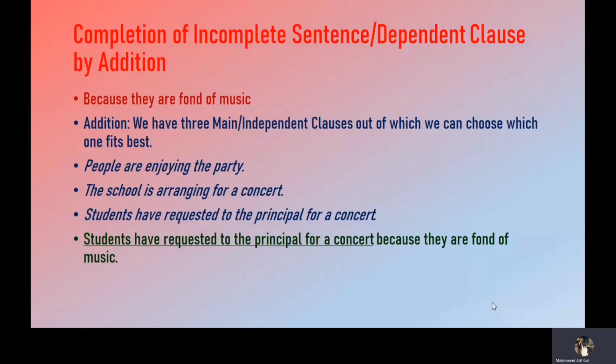So we have added this complete sentence, or main clause, or independent clause, students have requested the principal for a concert, to make the above incomplete sentence a complete one.